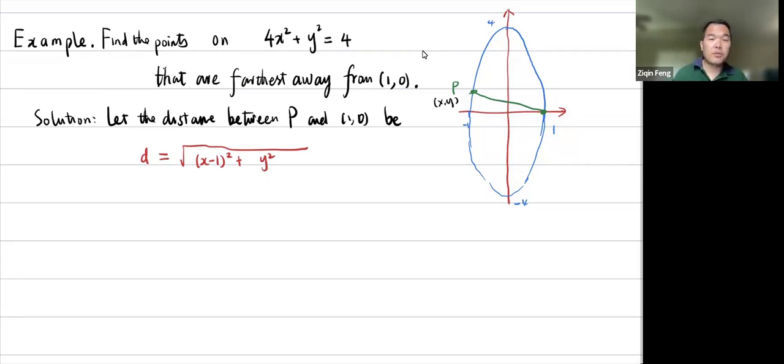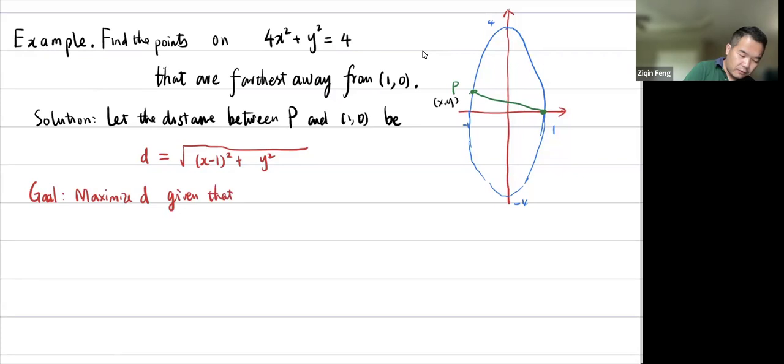And for sure, there's a relation because P is on our ellipse, right? So there's a relation between x and y, right? And so our goal here is to maximize d given that 4x squared plus y squared equals 4.